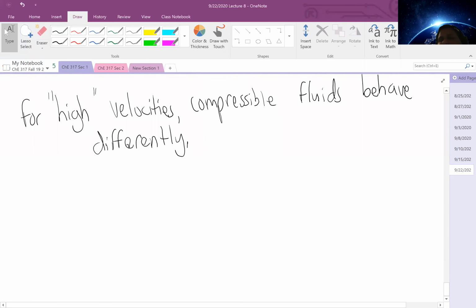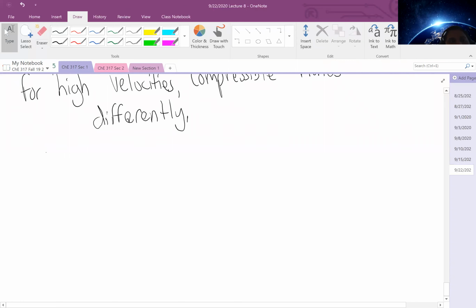So to quantify the relative velocity for these systems, we use a dimensionless constant, as we always do, known as our Mach number.